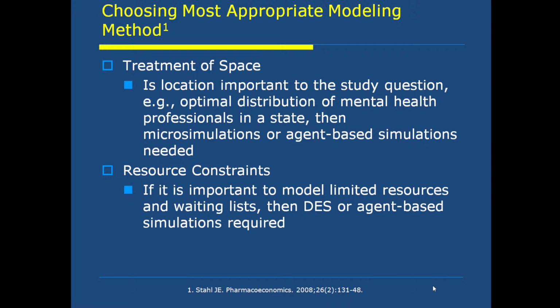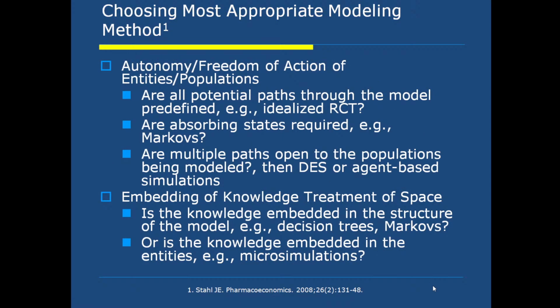Resource constraints. If it is important to model limited resources and waiting lists, then discrete event simulation or agent-based simulation is required. Autonomy, freedom of action of entities and populations.